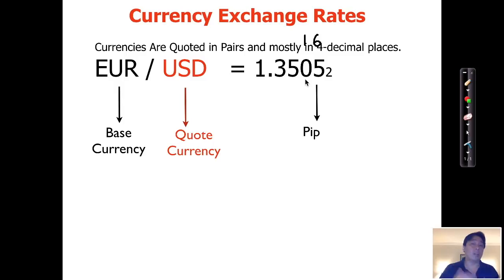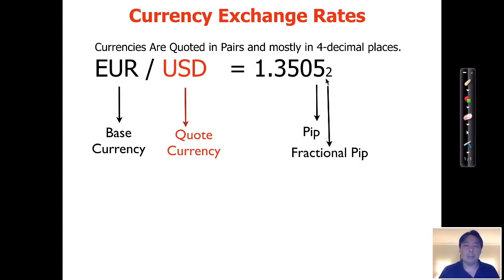The euro USD has gone up by 11 pips. Does that make sense? 11 pips. Because 11 plus 5 is 16. Okay. So pip is the last decimal place. So if you look at this entire thing, it's 3,505 pips since it moved up from 0, okay, which was a damn long time ago.